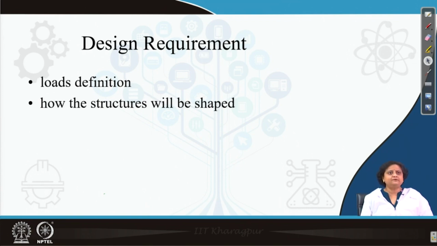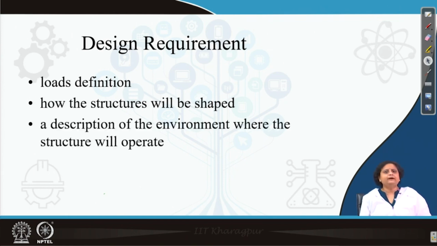This shape is usually governed by the maneuver the aircraft will undergo and the aerodynamic load that the aircraft will be undergoing. Therefore, this requirement of the shape will be given to us from the aerodynamic and propulsion group of the aircraft design. So, as a structural engineer, we need to know this beforehand before we can go ahead and design the structure.